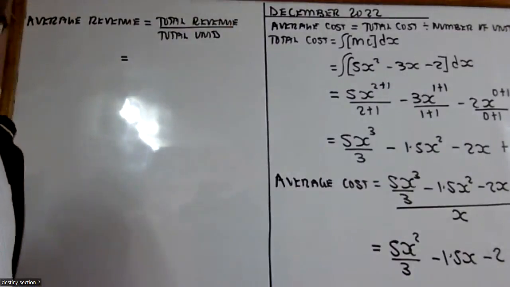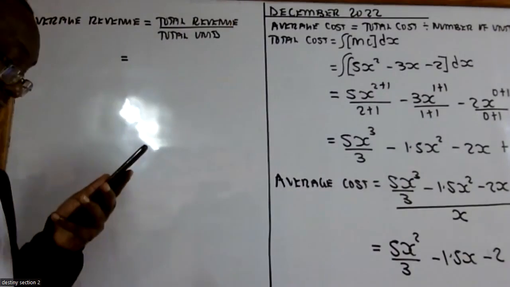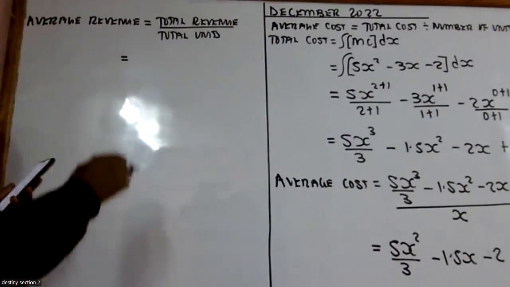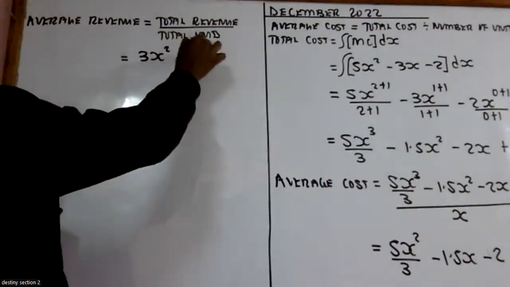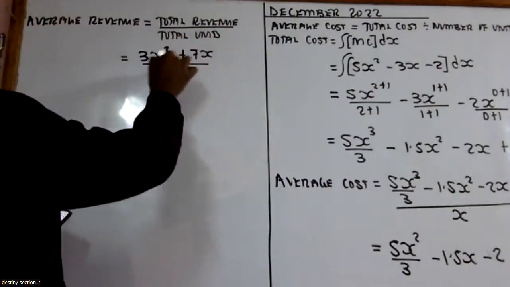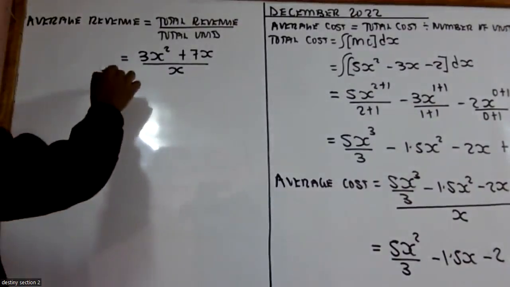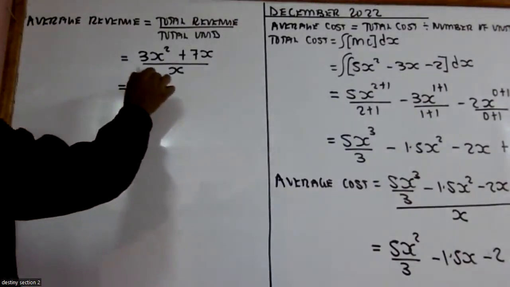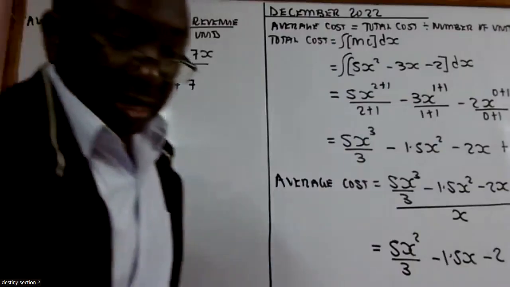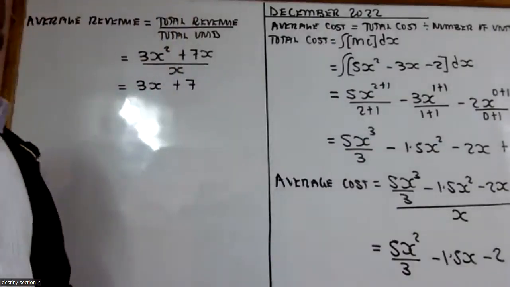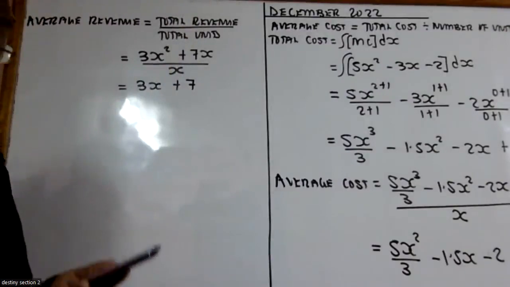We are already informed that the total revenue is 3x squared plus 7x. So you divide here by x. And when you divide by x, the result will be 3x plus 7. That is what you get.